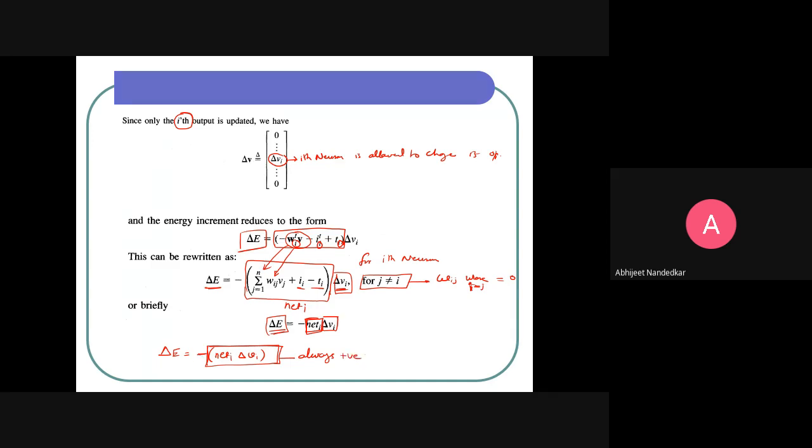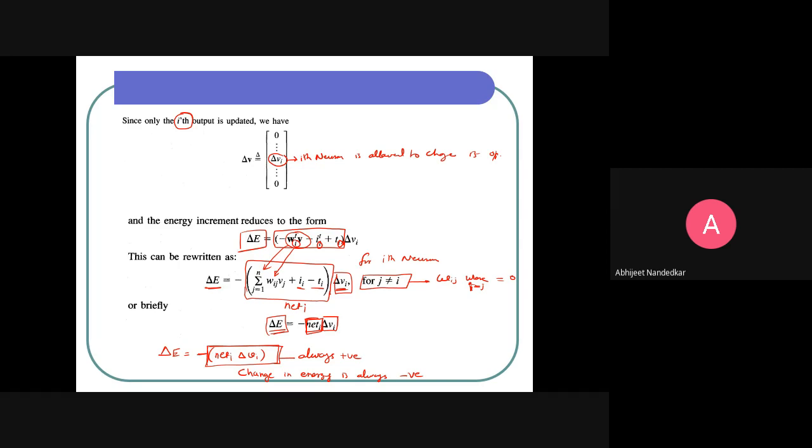The change in energy is always negative. That means it keeps on decreasing. So when you iterate with this change rule, that is one node is updated at a time, if this rule is fixed, then you will find that your network is always losing energy. At the most it can retain whatever it has, but it cannot gain energy.